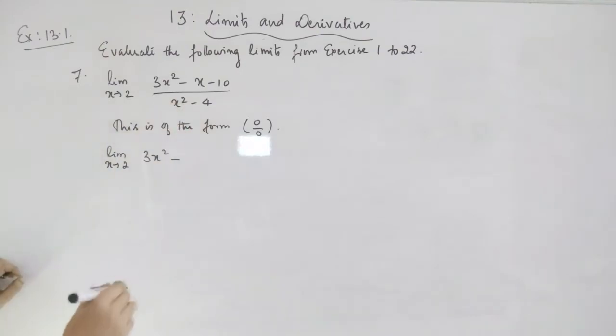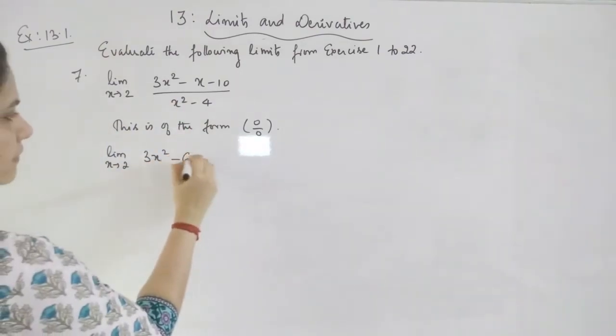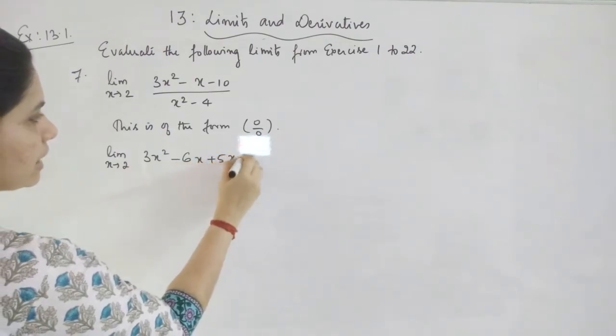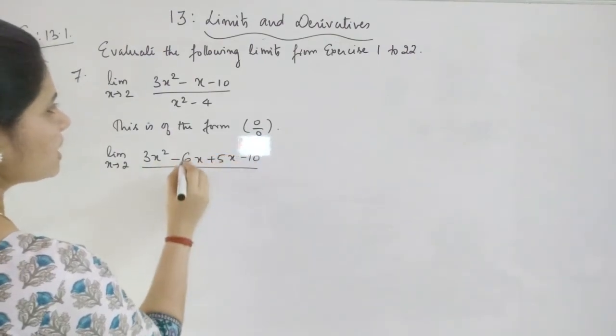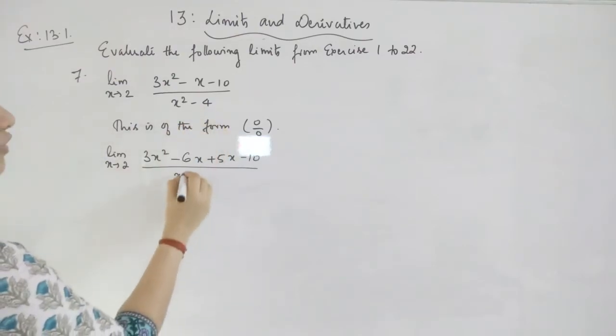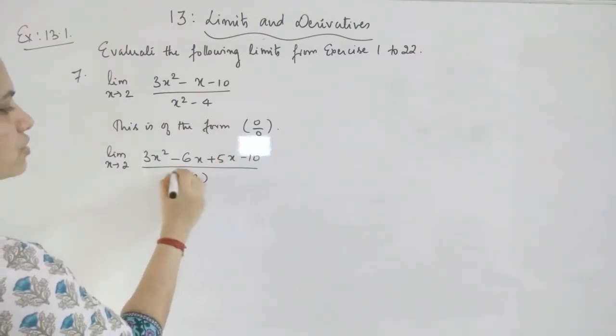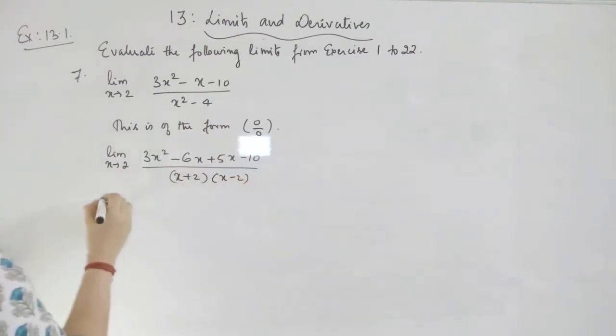So minus x can be written as minus 6 plus 5, that is minus 6x plus 5x minus 10, and the denominator, again you know that a square minus b square form, so it is x plus 2 into x minus 2.